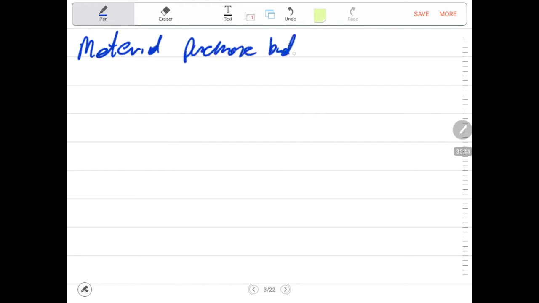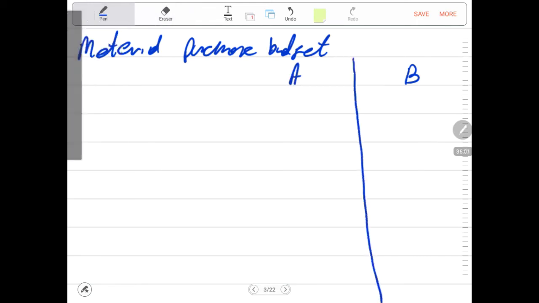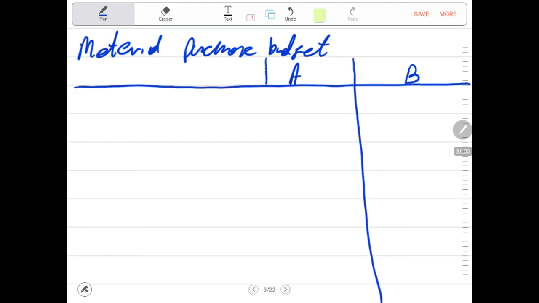How many materials do we have? Material A and material B. Both materials are used in two products. And whenever two materials are used in two products, you need to be very careful in your budget.